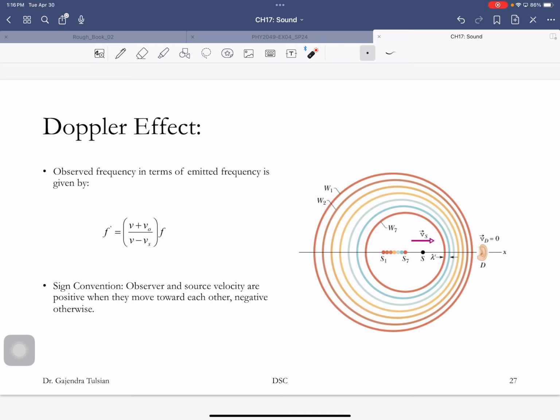Okay? So that's how the formula works. If neither one of them is moving, they're both 0. That is 1. And the frequency you hear is exactly equal to the frequency emitted. Okay, so you just have to remember the sign convention and that formula.